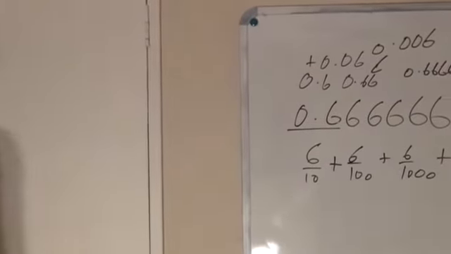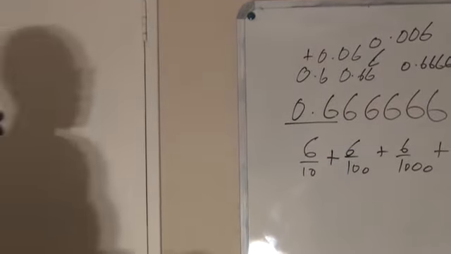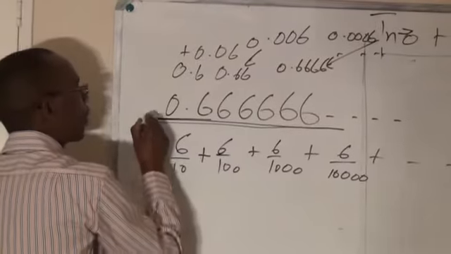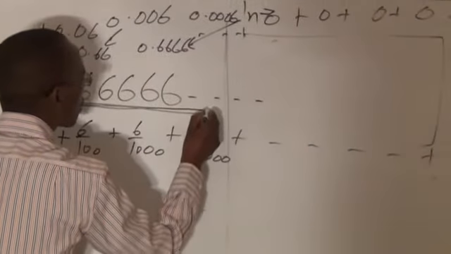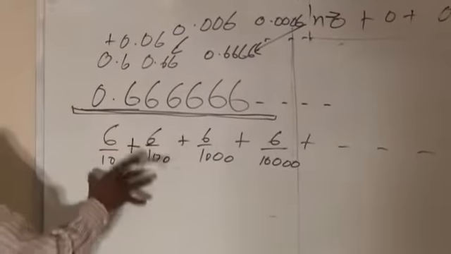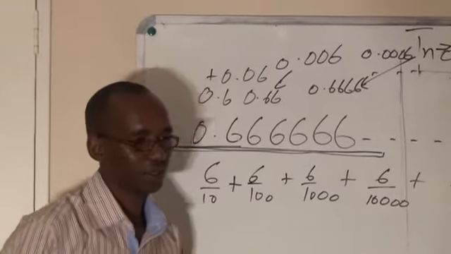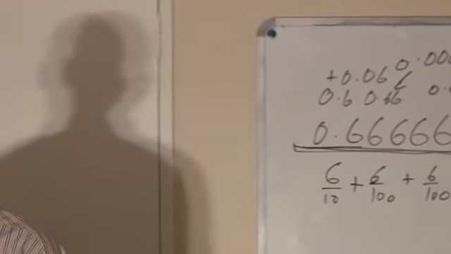Now I'm going to ask you a simple question here. If you notice, we have actually gone on to transform this recurring decimal into a very simple series. Let's try now to ask ourselves, what kind of a series is that?